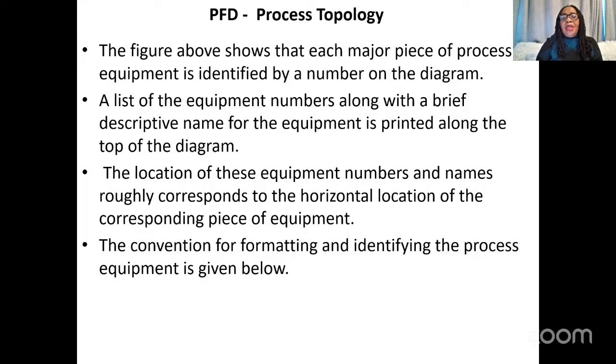A list of the equipment numbers along with a brief descriptive name of the equipment is printed along the top of the diagram, like what I showed you about the V101. Along the top of the diagram, you see a lot lined up. All those are the different equipment and their different descriptions. The location of these equipment numbers and names roughly corresponds to the horizontal location of the corresponding piece of equipment. I will go back and show you that again, even though I mentioned it before.